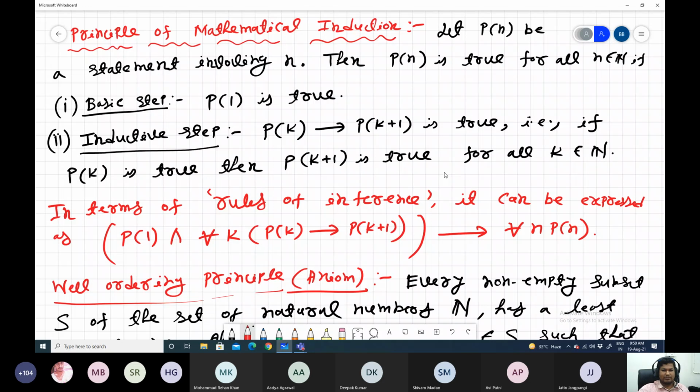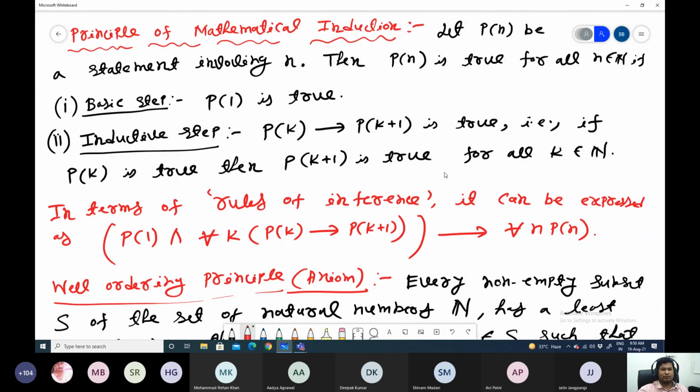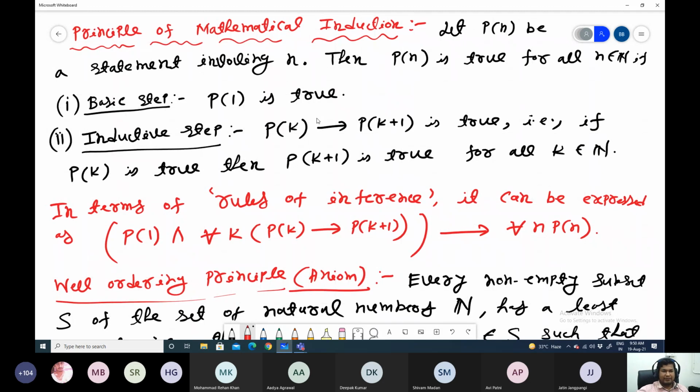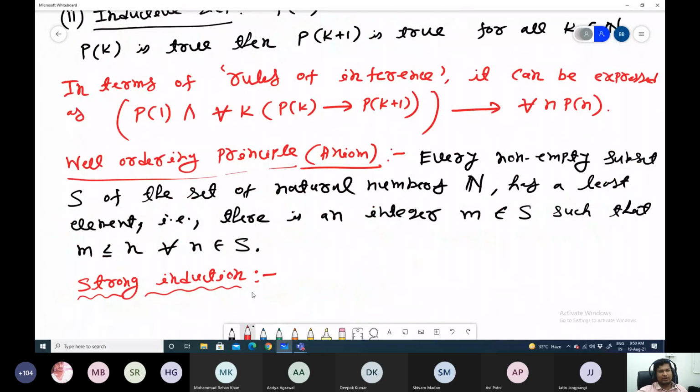Not strong actually, it is something like a weaker version, because we are assuming something stronger than that. I don't know why the name is strong induction. Here we need a stronger hypothesis, but the statement is actually weaker. But the principle of mathematical induction and strong induction are again equivalent, because you can prove that both are equivalent to the Euler ordering principle.